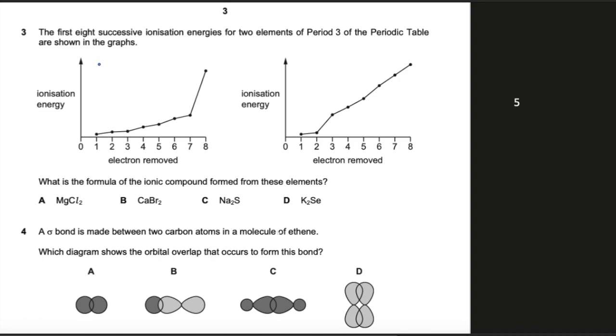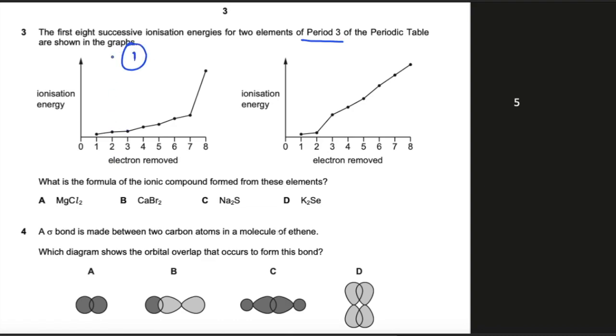Question number 3. The first 8 successive ionization energies. Successive ionization energy means you are removing the electrons one by one from the same atom in the gaseous state. The first 8 successive ionization energies are shown for 2 elements of period 3, and you have to identify those 2 elements. Okay, look at the graph.